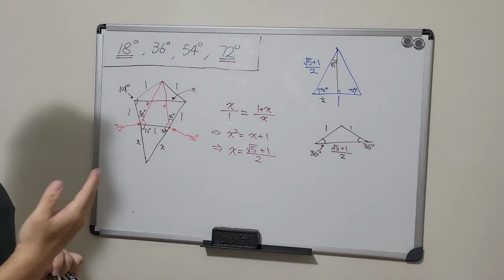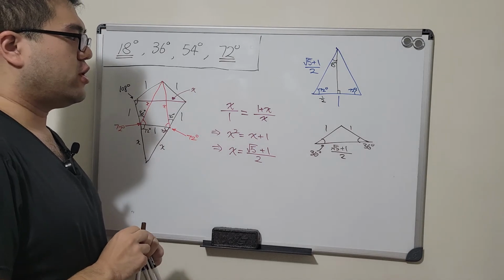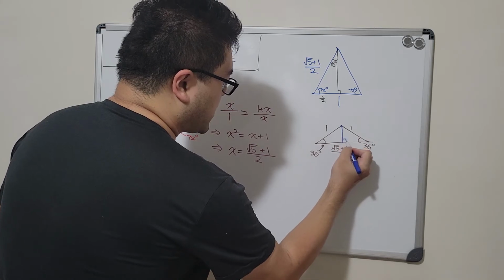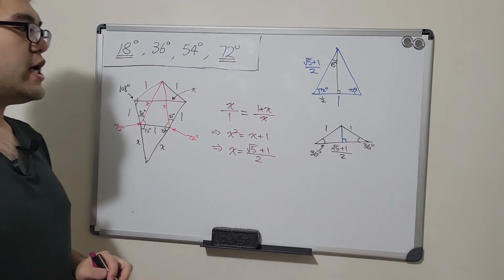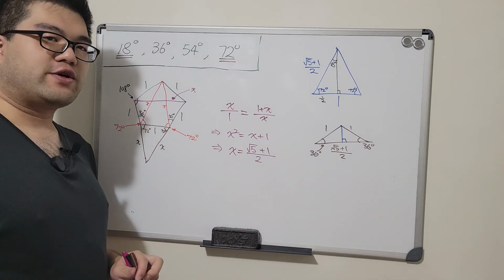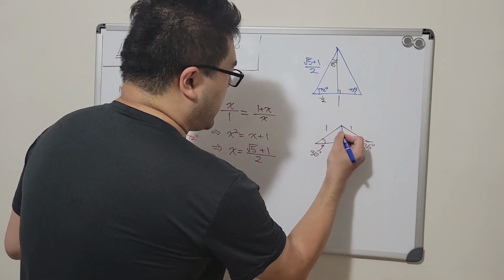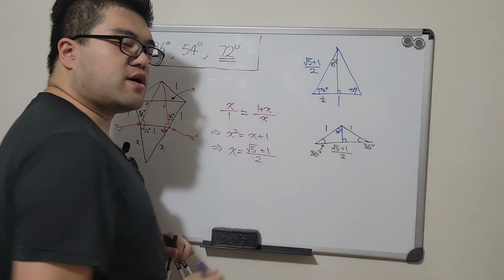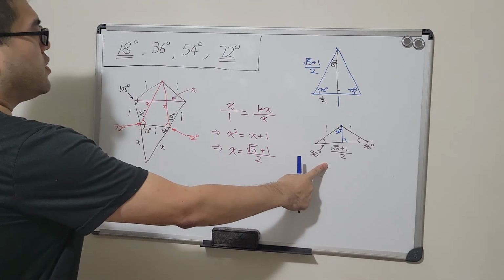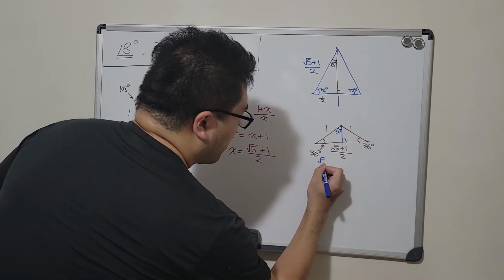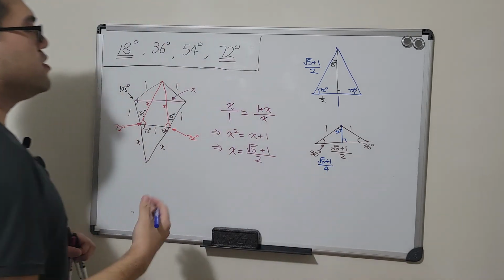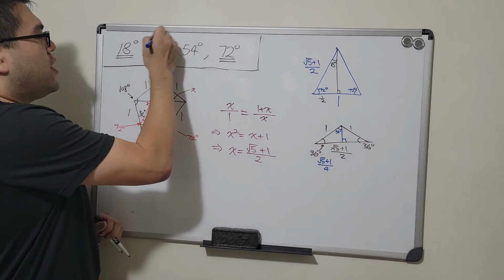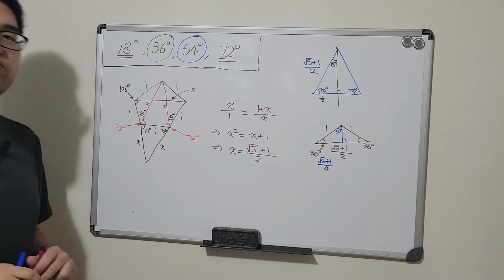And notice that this is also an isosceles triangle, so if we draw a line from the top vertex that is perpendicular to the base, we will actually divide up the triangle into two right triangles that are congruent. And the angle will be halved, which gives us 54 degrees, and the base is also halved, which will give us square root of 5 plus 1 over 4. So we can now substitute into our trig functions to get the values for the other 2 degrees.